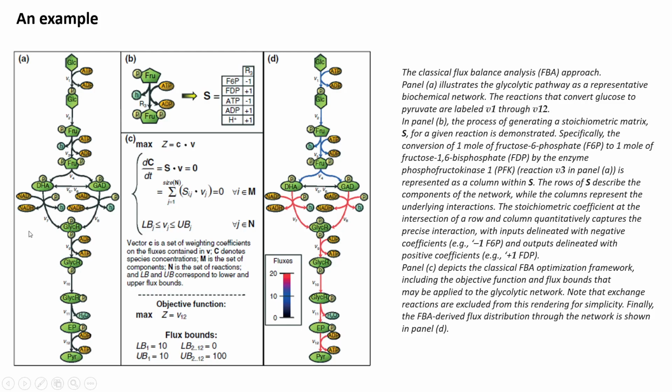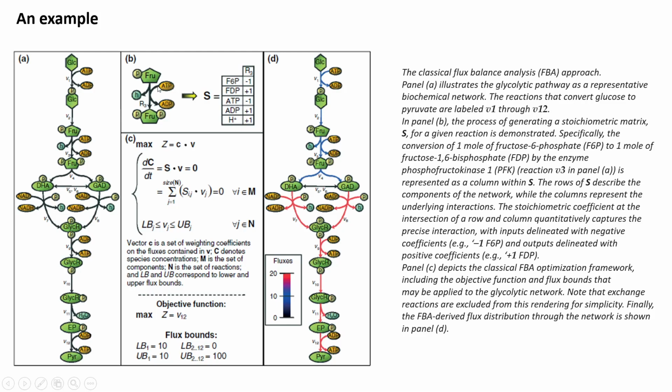And here in panel B, you see one small example. Fructose 6 phosphate converting to fructose 1,6 bisphosphate, and this is how the stoichiometric matrix will look. This is basically R3, the third reaction here. For R3, these are the metabolites: F6P, FDP, ATP, ADP, and H plus.